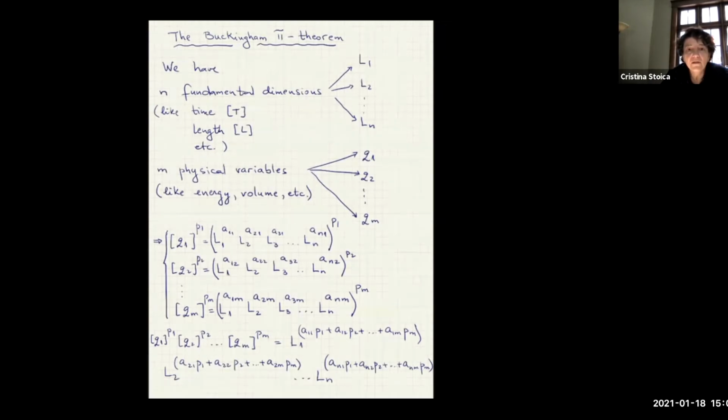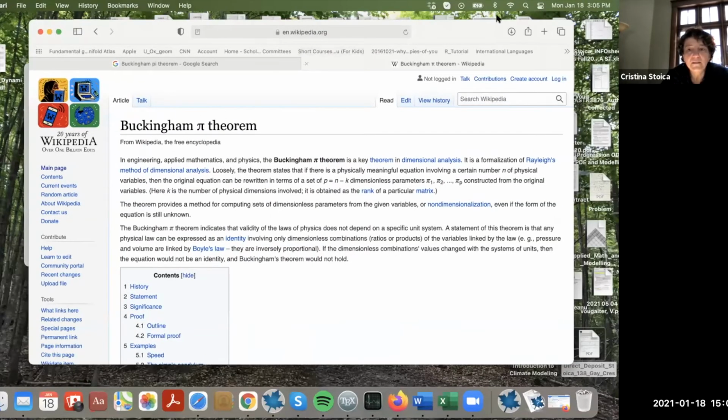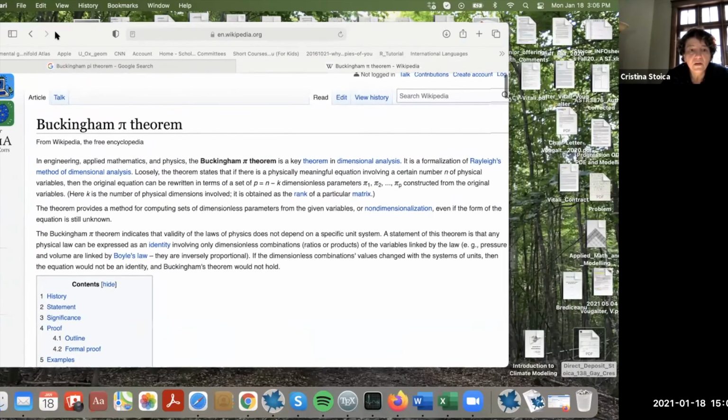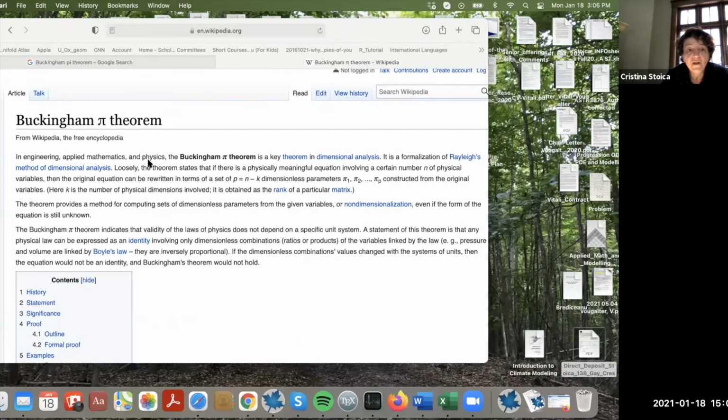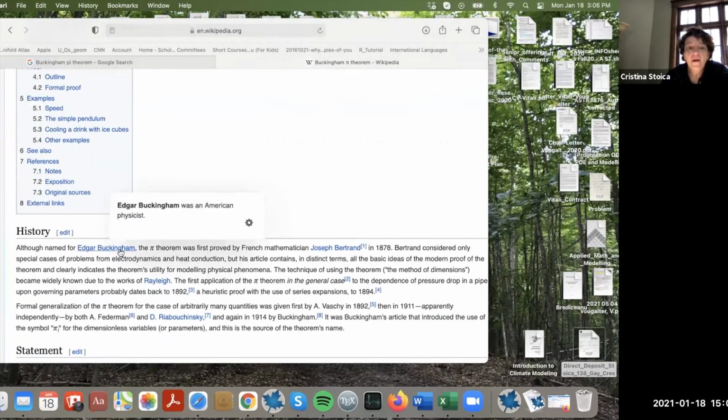Here, I'm going to move the share on my screen. Okay, see, it exists. Is there a Buckingham pi theorem? In engineering, applied math, and physics, the Buckingham pi is a key theorem in dimensional analysis. I won't read all the wiki page about it. Edgar Buckingham, an American physicist.